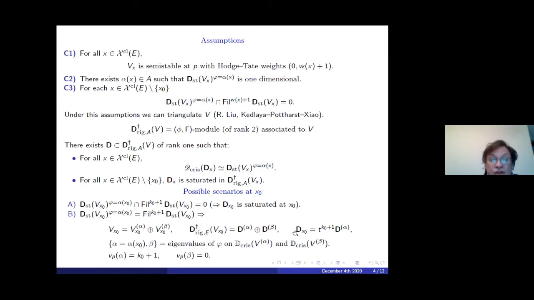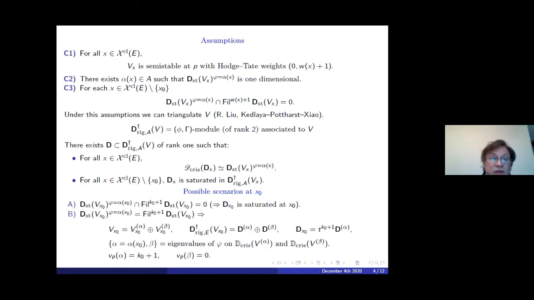The quotient has a torsion, and D alpha is the saturation of D x0 inside the phi-gamma module of the whole representation V. In this case, necessarily, the p-adic valuation of alpha is equal to k0 plus 1, and the p-adic valuation of beta is 0.